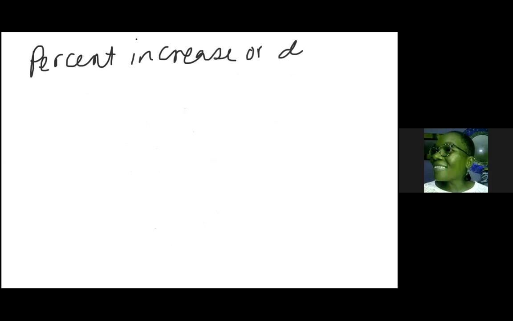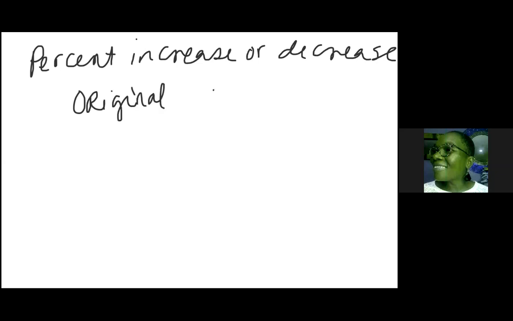So here's the next part of this lesson, 8.1, percent increase or decrease. When we talk about percent increase, percent decrease, guys, here's the little formula that's going to help you to figure it out. So you want to find the difference between the original amount.